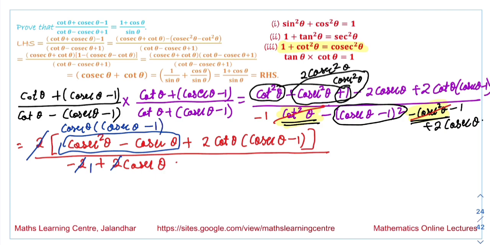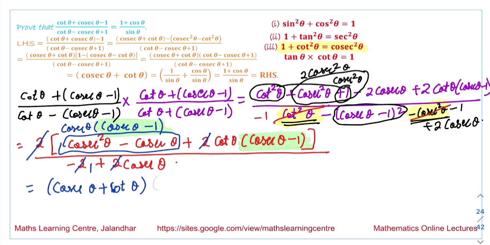This 2 is also cancelled over here. So what we are left with is cosecant theta plus 1 into cosecant theta plus cot theta. Over here the term is cosecant theta minus 1, and over here the term is cosecant theta minus 1.